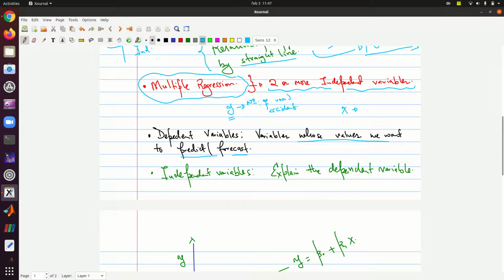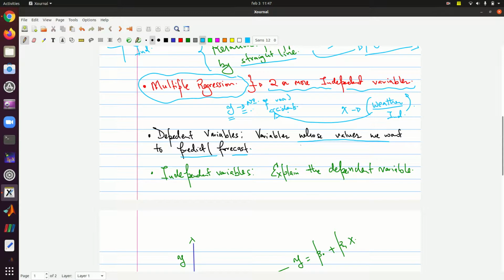Maybe we can say that the number of road accidents can depend on the weather. Then we can see how the weather contributes to the number of road accidents. So this will be the independent variable, and this is the dependent variable.